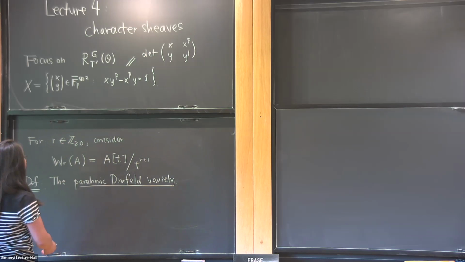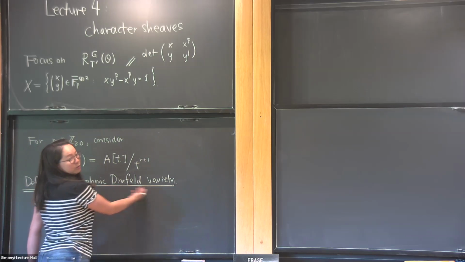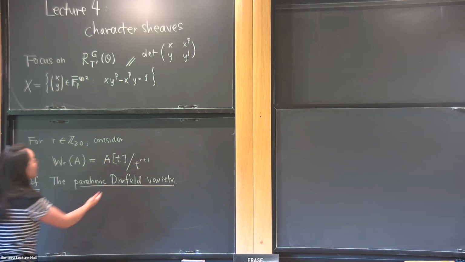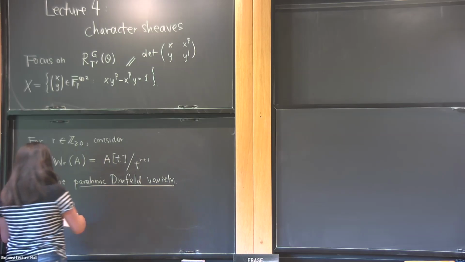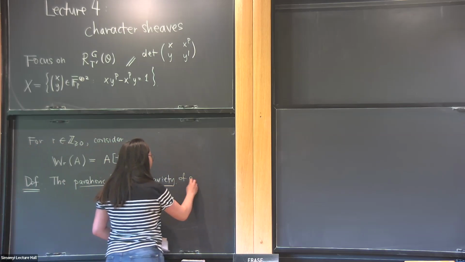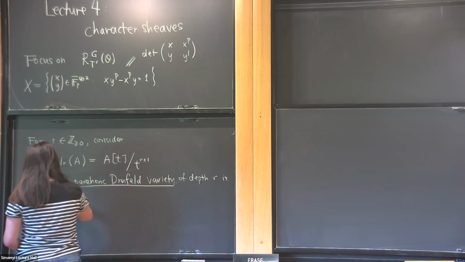And so in my work, I usually call this the Parahoric Deligne-Lusztig variety, but I just put Drinfeld here to remind you that this is an SL2 case, of depth r, is the following thing.